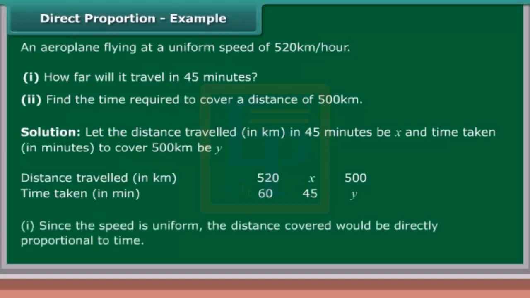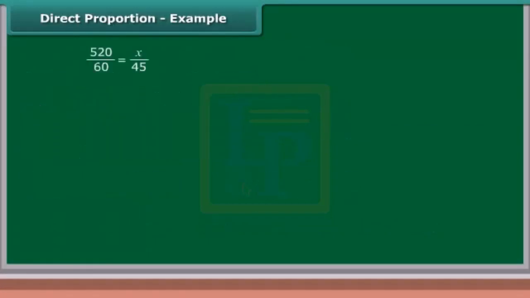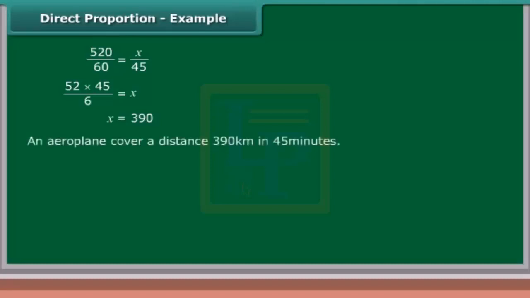Since the speed is uniform, the distance covered would be directly proportional to time. 520 upon 60 is equal to x upon 45. 52 into 45 upon 6 is equal to x. Therefore, x is equal to 390. An airplane covers a distance of 390 kilometers in 45 minutes.